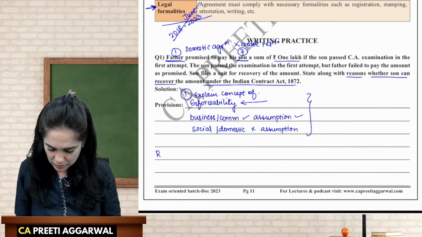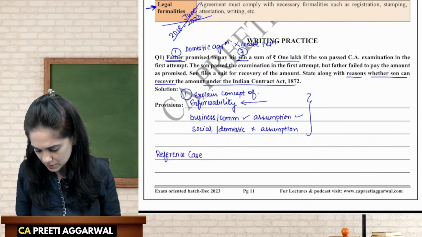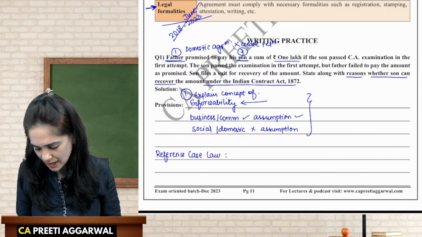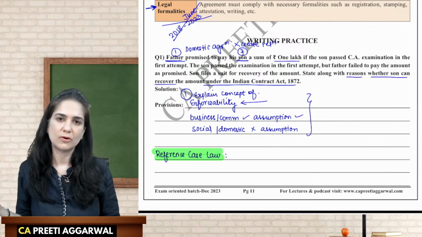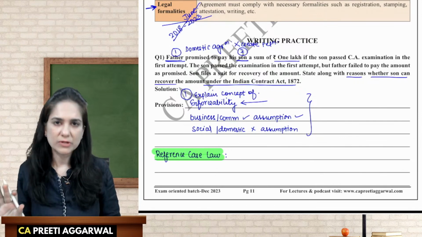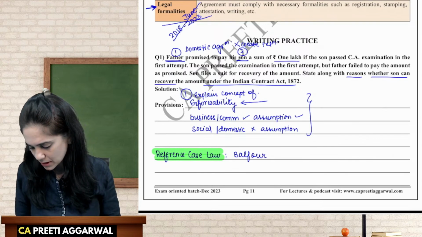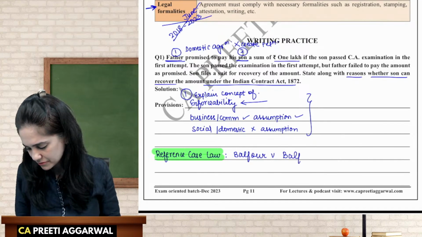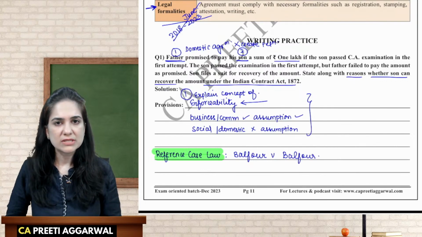You will write down reference case law. Now this you will add only when there is a case law. It will not come in every question. Here you will write Balfour versus Balfour.